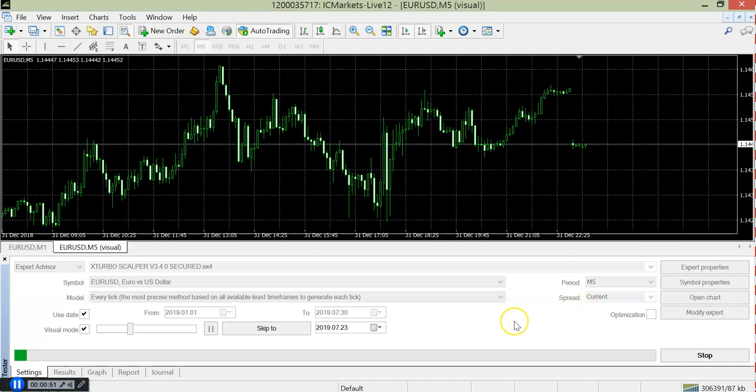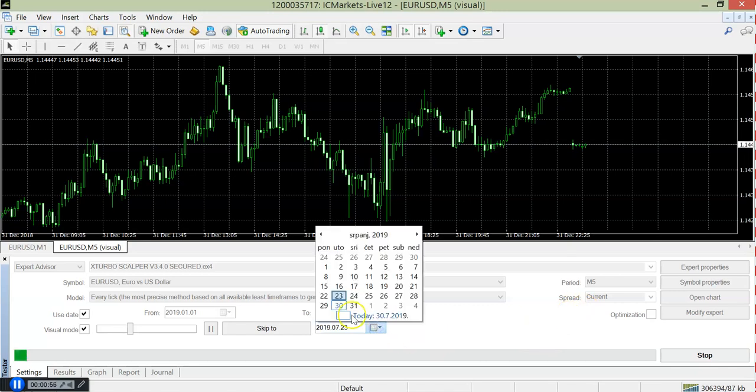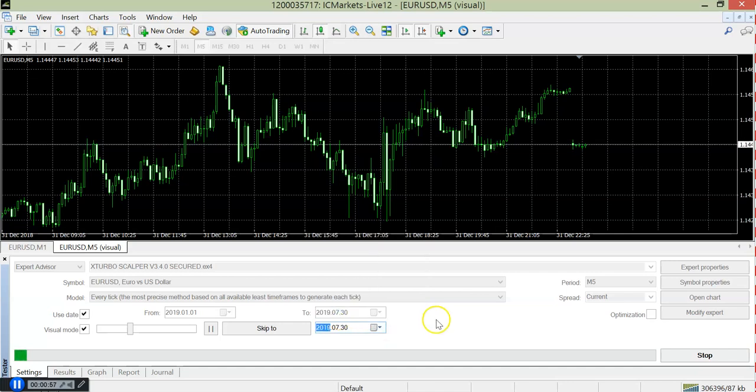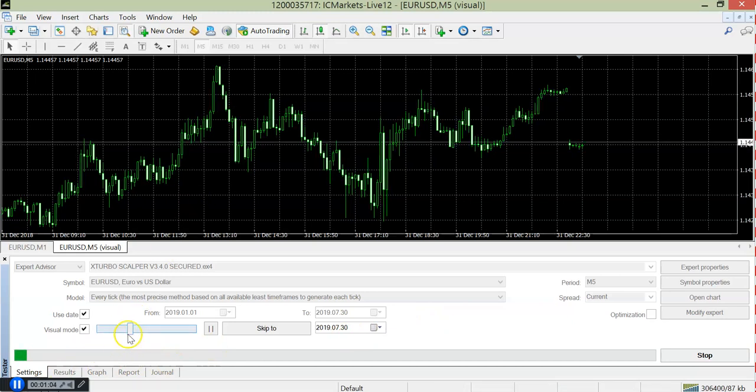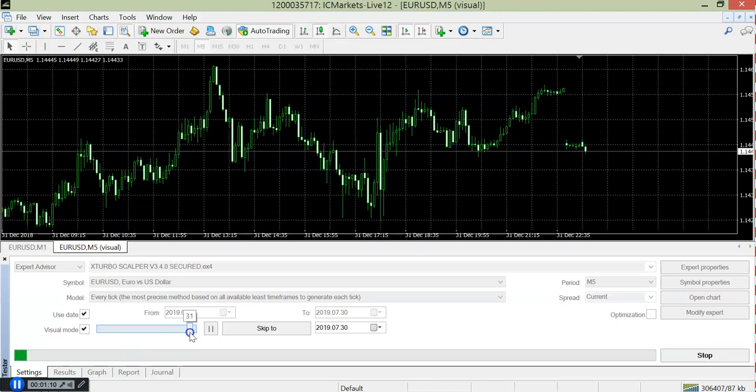M5 spread current and until today, and we let it go to see what we'll get with M5.